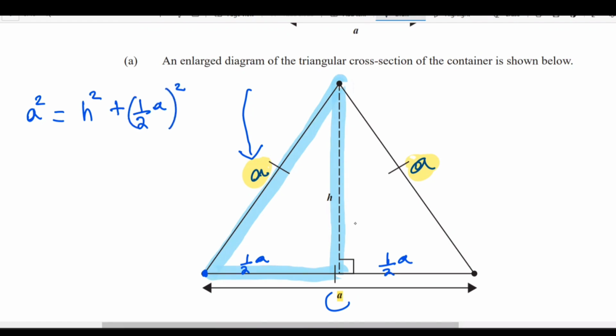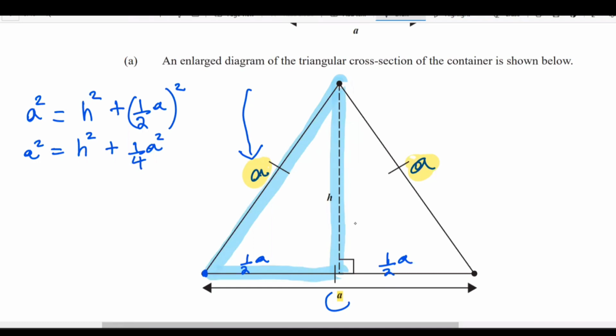I don't want you to worry about anything. The response must be given in A. That's what they said, so we want to find H. So basically, let's flesh this out. A square is equal to H square plus 1/4 A square.